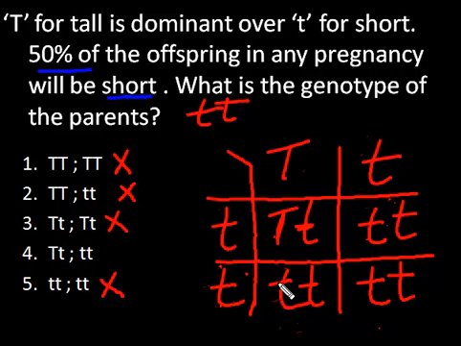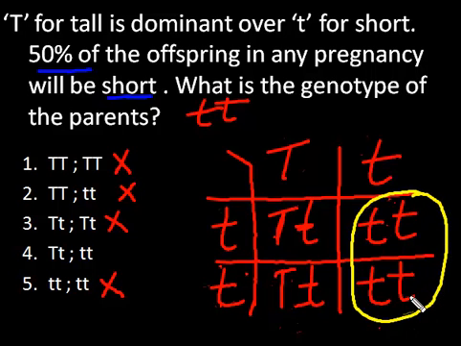This and this will be a capital T and a little t, and this is little t. So we do have 50% who are going to be short and 50% who are going to be tall, but they are going to be heterozygous. So therefore the answer is this one. This is how you work out backwards when you need to find the genotype.